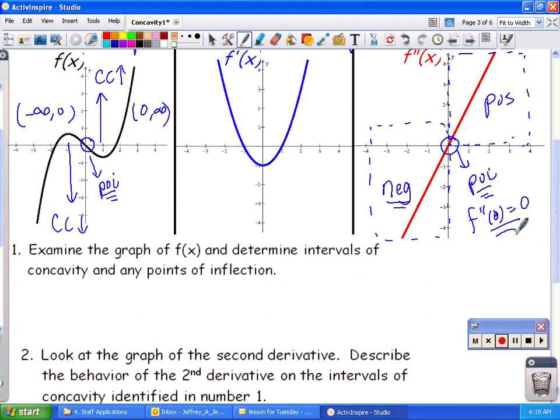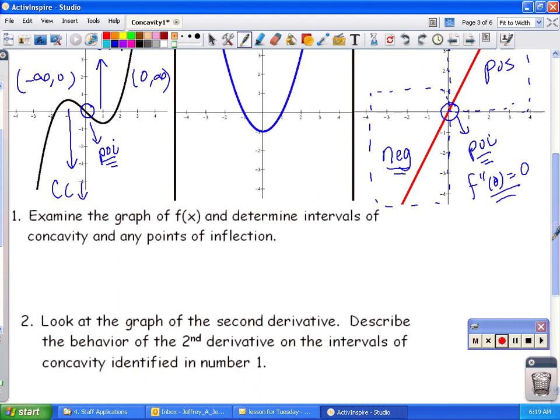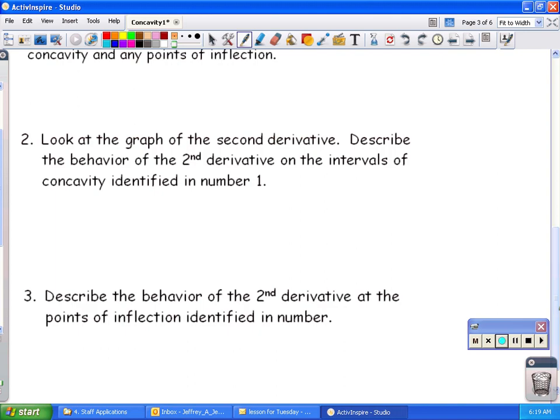So this is one example, but it is true that wherever an original function is concave down, the second derivative is negative, and wherever an original function is concave up, the second derivative is positive. So those are mysteries that the second derivative can reveal to us about an original function. We did number 2 and number 3.